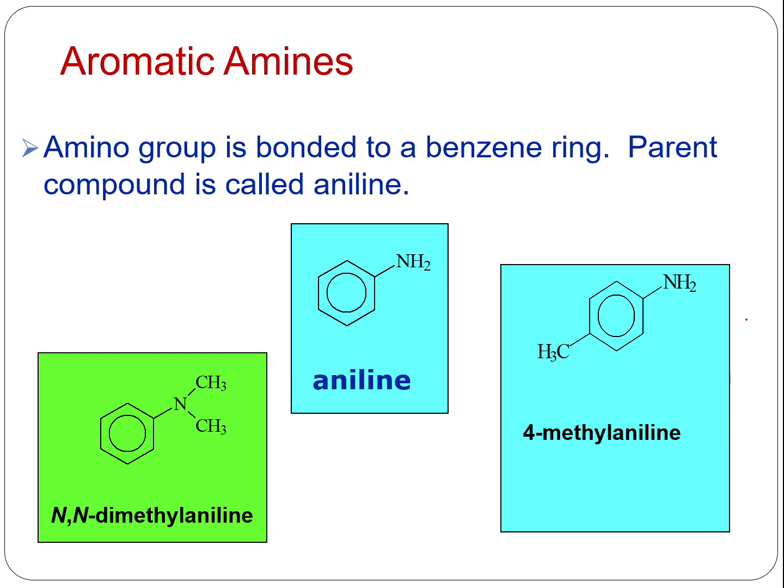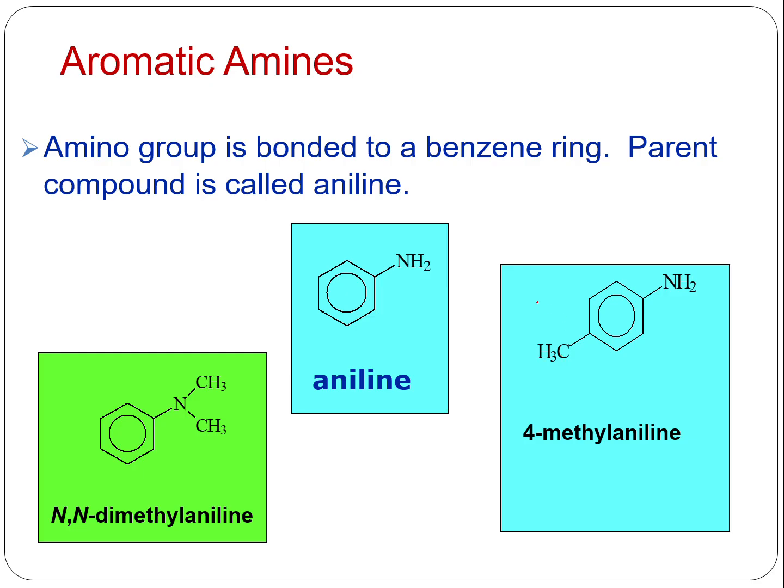In aromatic amines, the amino group is bonded to the benzene ring, and this compound is called aniline. Aniline is the name of this compound, both in the IUPAC system and even in the common system.